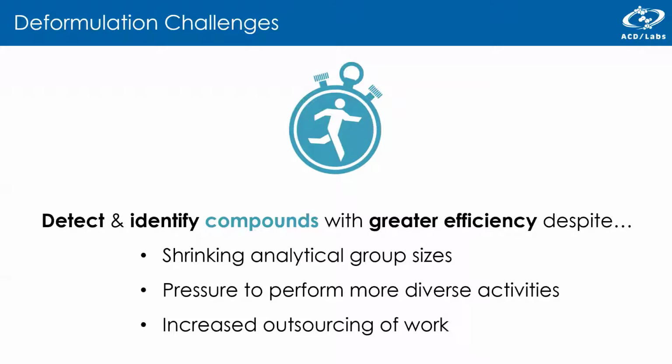These may be shrinking analytical group sizes, so a decreased number of analysts, as well as a pressure to perform more diverse activities and a wider range of analytical techniques. Finally, we're seeing an increased amount of outsourcing to CROs, where you need to combine internal and external analyses, and this becomes a challenge.